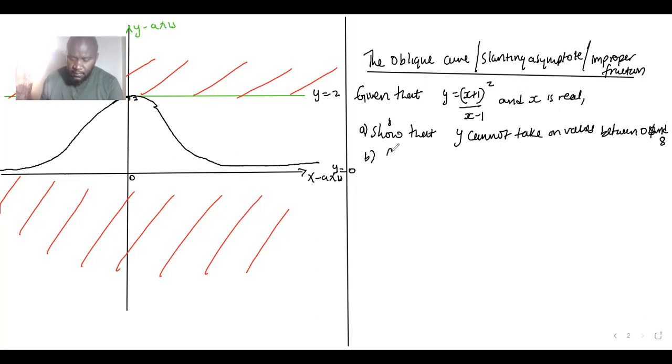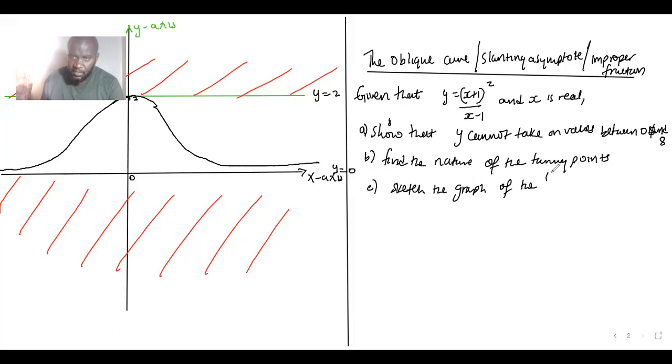B, find the nature of the turning points. C, sketch the graph of the function.